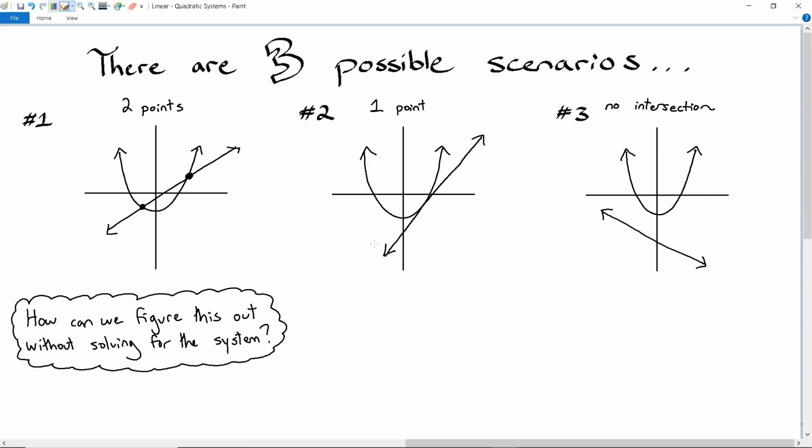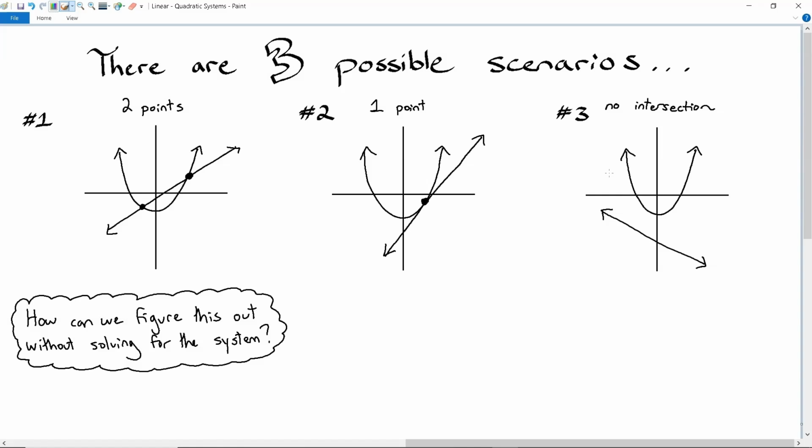There could also be a scenario where our linear equation, or our straight line, just kind of grazes past our quadratic at one specific point. Or we could also have a situation where our line does not hit our quadratic at any point, so we would have no intersection. So those are the three possible scenarios in a linear quadratic system.